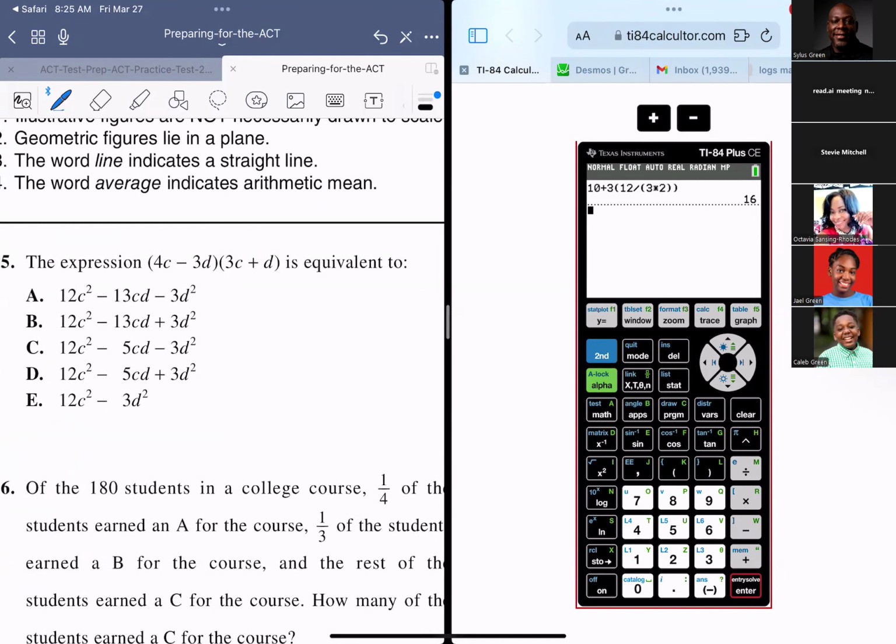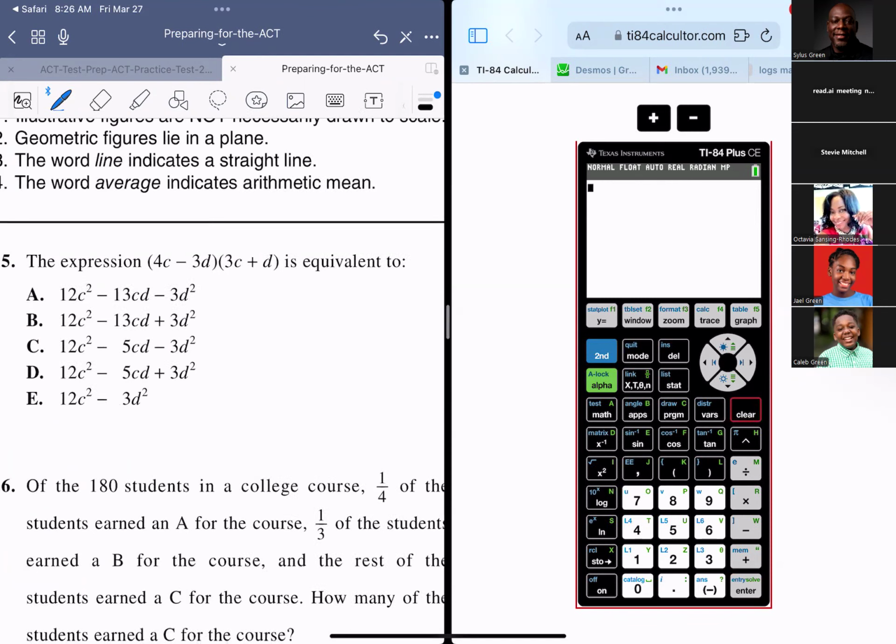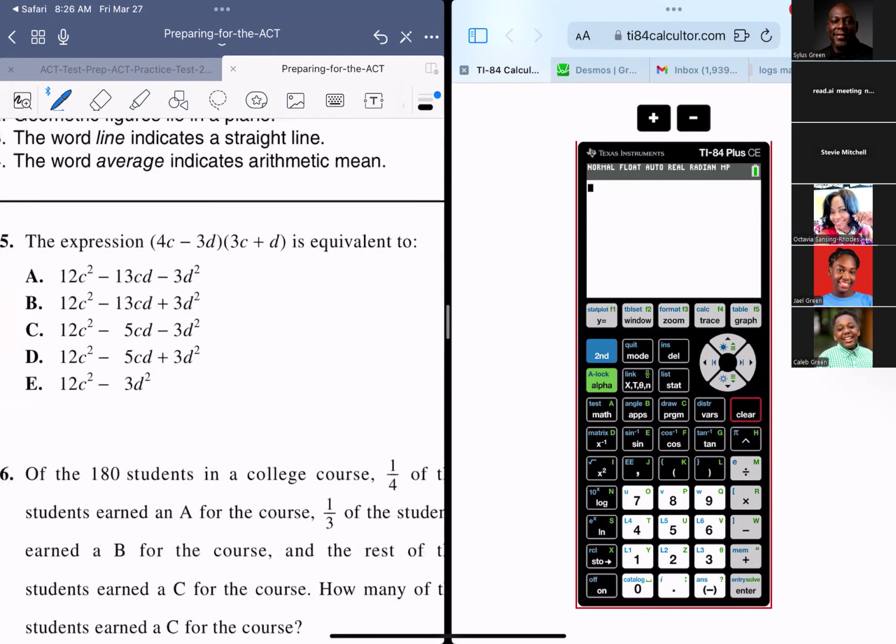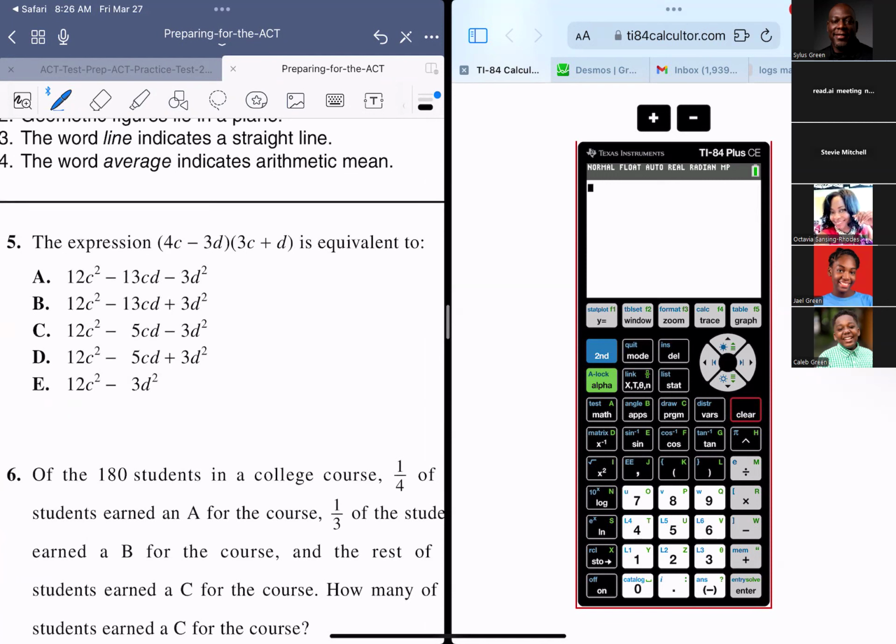Okay, the expression 4c minus 3d times 3c plus d is equivalent to what? This one, again, we wouldn't use a calculator because there's not a way that the calculator can do this for you. You just have to use FOIL. So FOIL, you multiply the first term, so 4c times 3c, that's 12c squared. Then you multiply the outer term, so 4c times d, that's plus 4cd.